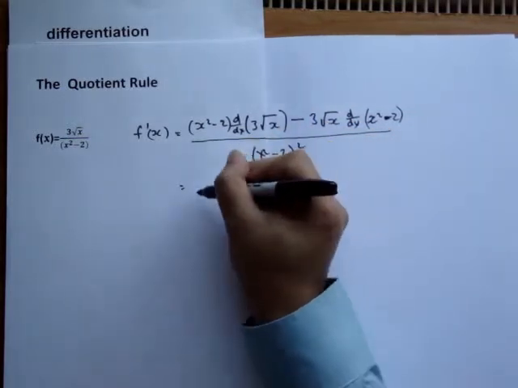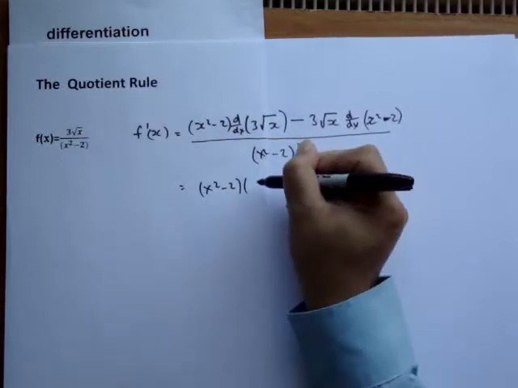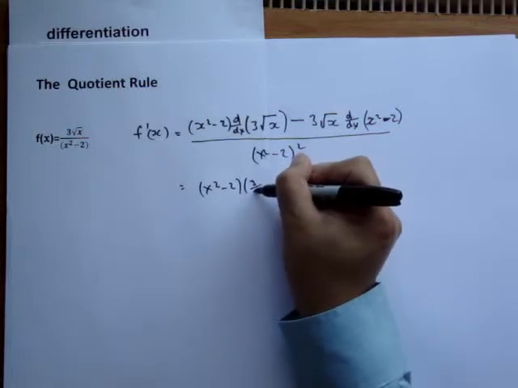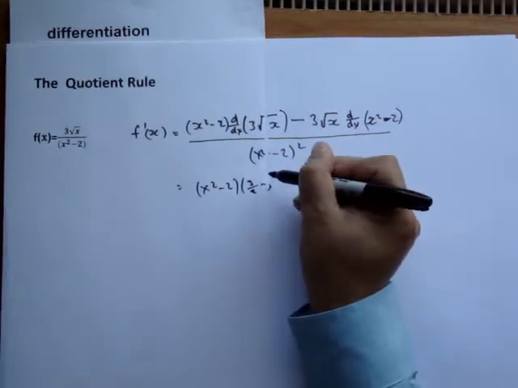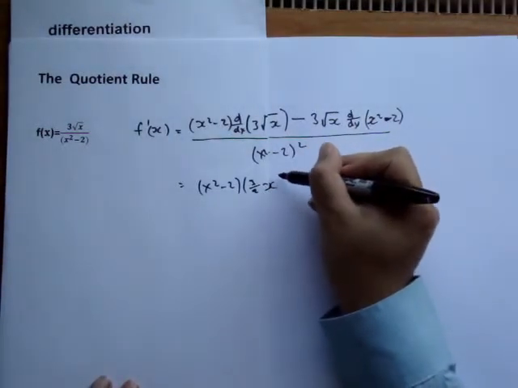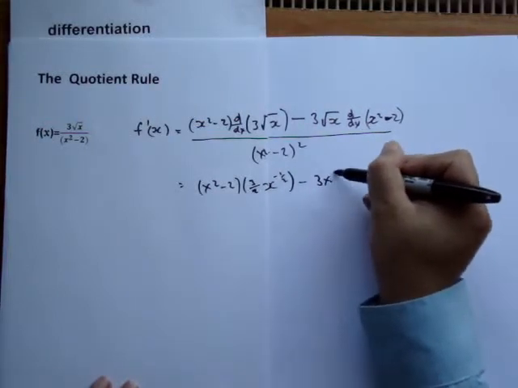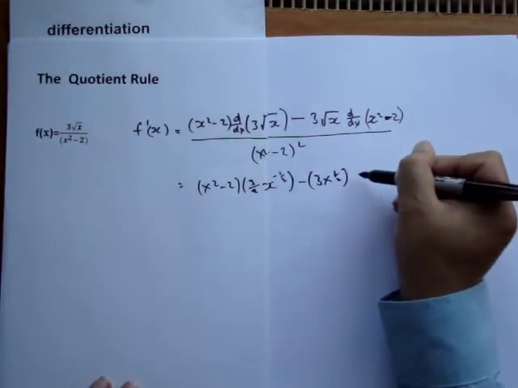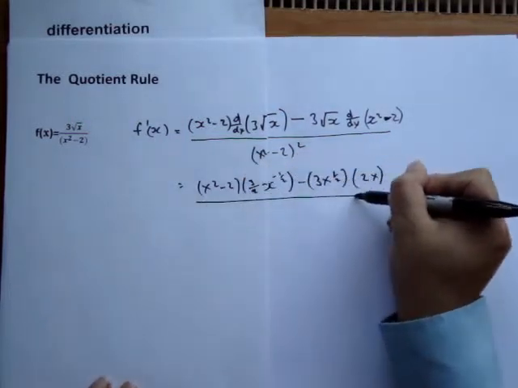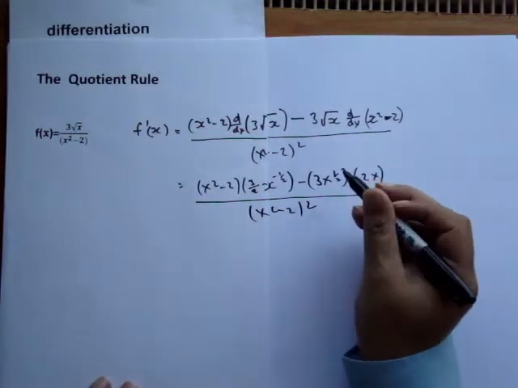So when we get the derivatives, we get x squared minus 2 brackets multiplied by the derivative of 3 root x, which is 3 over 2 root x, sorry, let's write this down, x to the minus a half, minus 3x to the half, and the derivative here is 2x, all over x squared minus 2 all squared.